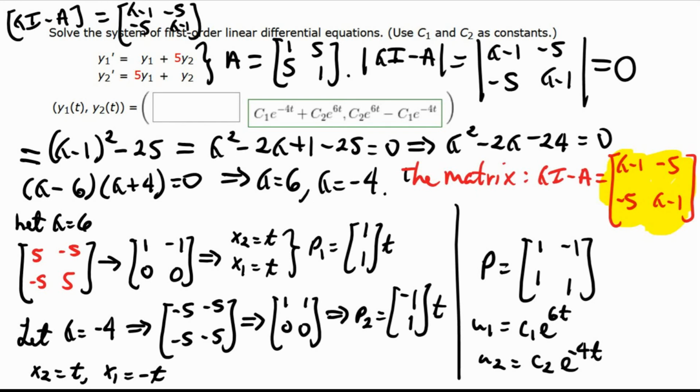So let's pick up another page here. And so again, we have U sub 1 is C sub 1 times e to the 6t, and then U sub 2 is C sub 2 times e to the -4t, and then that matrix P we got to be 1, 1, -1, and 1.